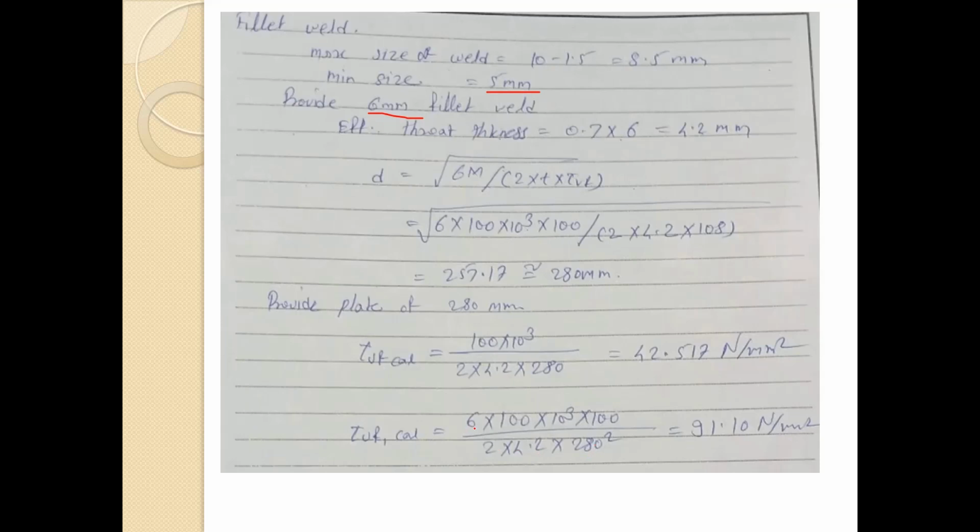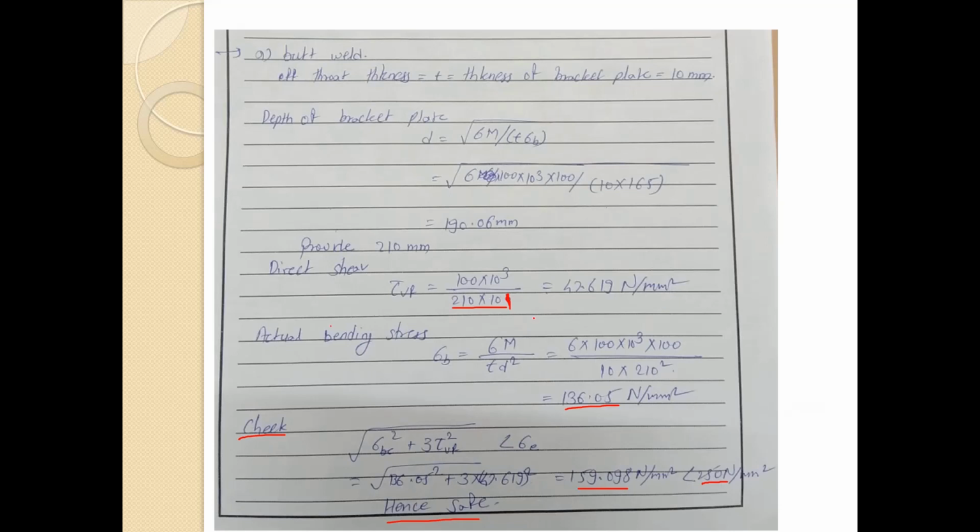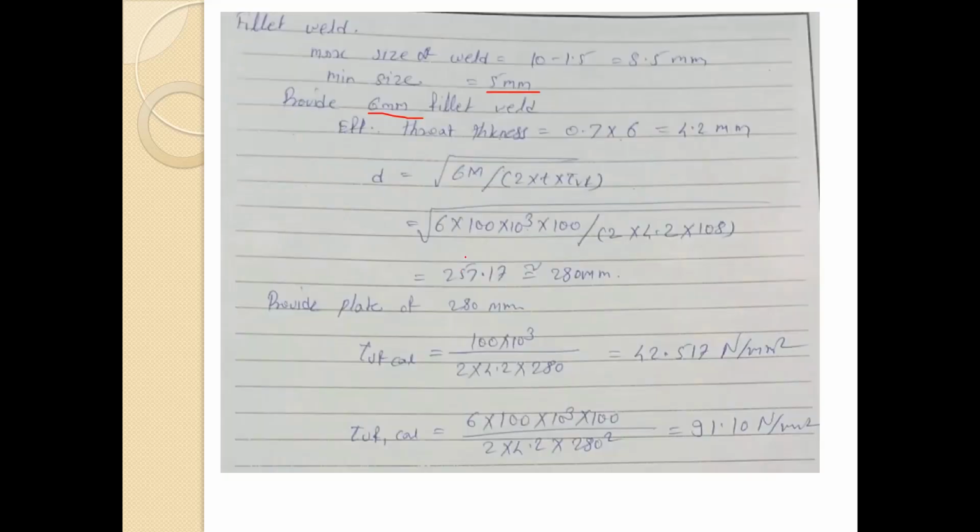So 6 into this M, that is 100 into 100, divided by 2 into throat thickness 4.2 into 280, that is the depth of the bracket. So we're getting here 91.1. So here you can observe we are getting this much depth for the bracket plate in the butt weld, and here we are getting 280. So it is more in case of the fillet weld.